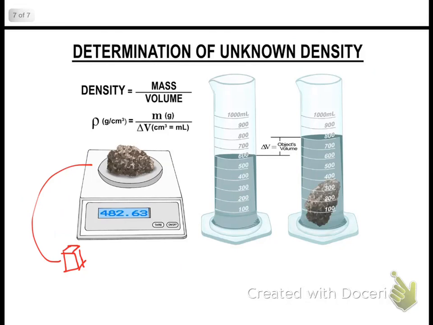But if I have an irregular shaped object, like this rock, then I need to use the displacement in water method. What I do is put the rock into a known volume of water, see how much the water goes up, and that amount the water goes up is my volume. And then I just divide the two. Okay, we're going to stop right there.